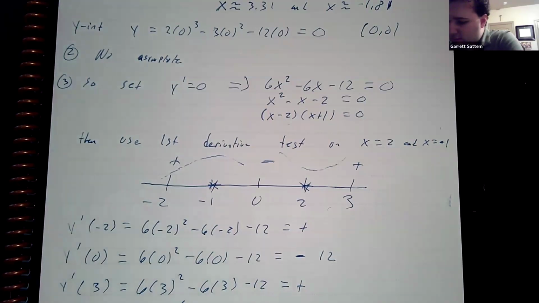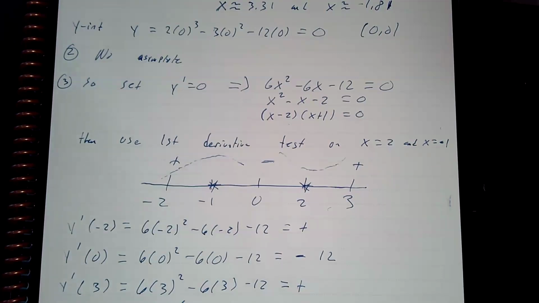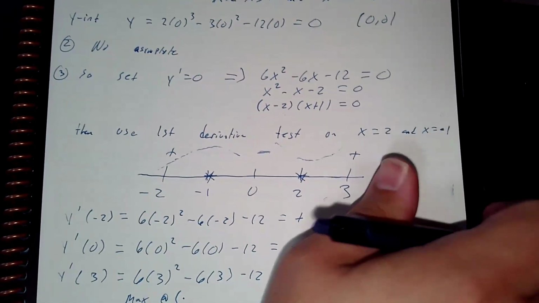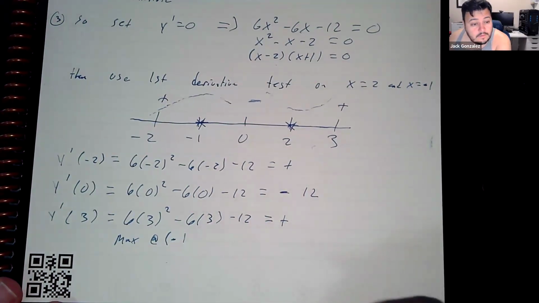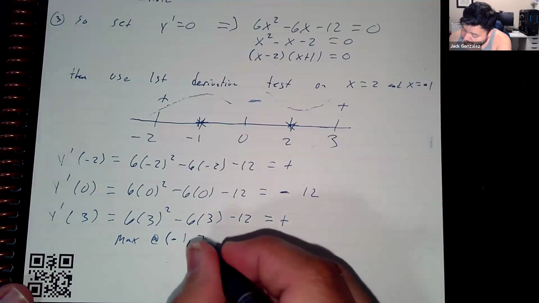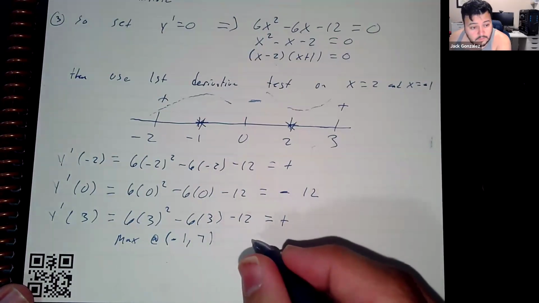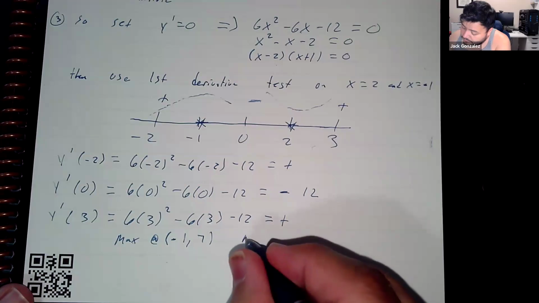Yes. All right, just writing this out. Scoot your paper down if you can. Sorry about that. You'd have to plug it in to get the 7, but there it is.